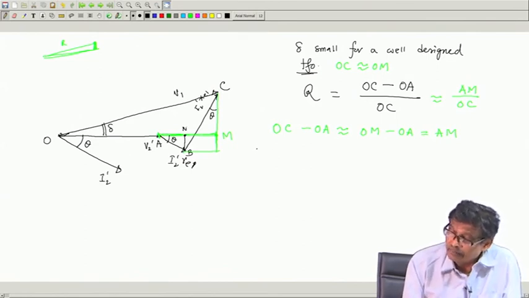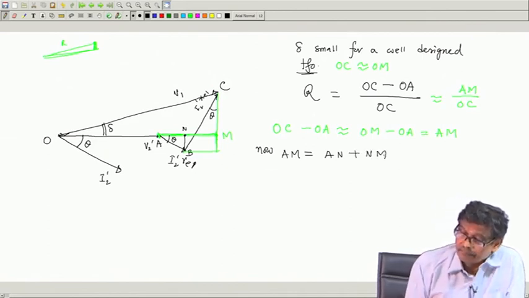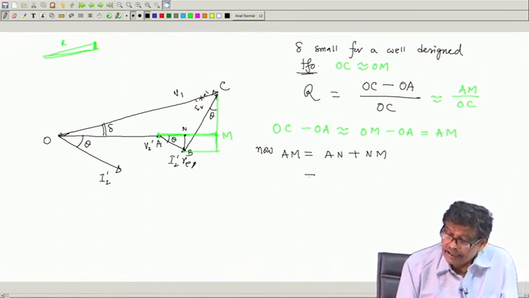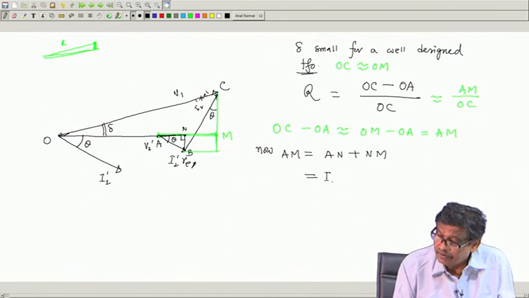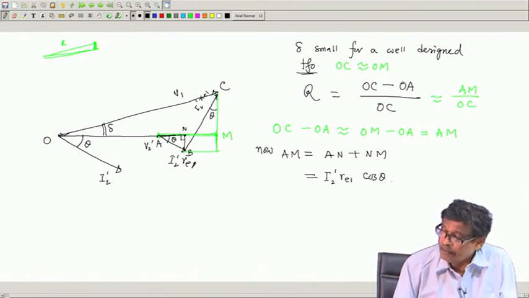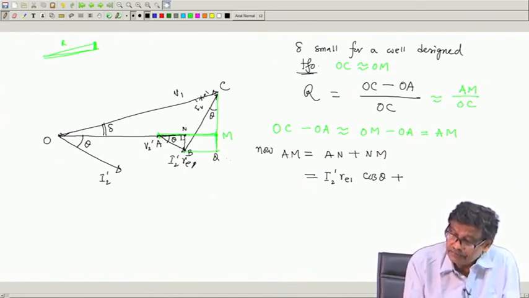then now A m can be written as A n plus n m, and A n is this length. So, in the small right angle triangle, it will be simply I 2 dashed R e 1 cos theta plus n m. n m will be same as this length B q, it is a rectangle.